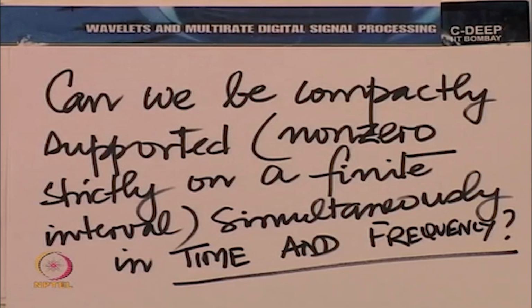And unfortunately, or maybe fortunately, because it brings up and opens up a whole new subject, the answer is no. If you talk about exact behavior, it is impossible to be compactly supported in both domains. That is not a very deep result in the theorems of Fourier analysis, though it is an important result.